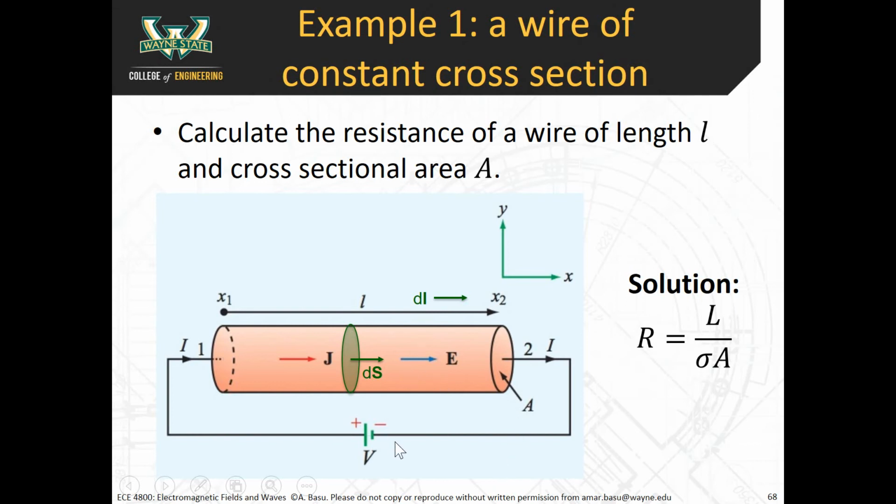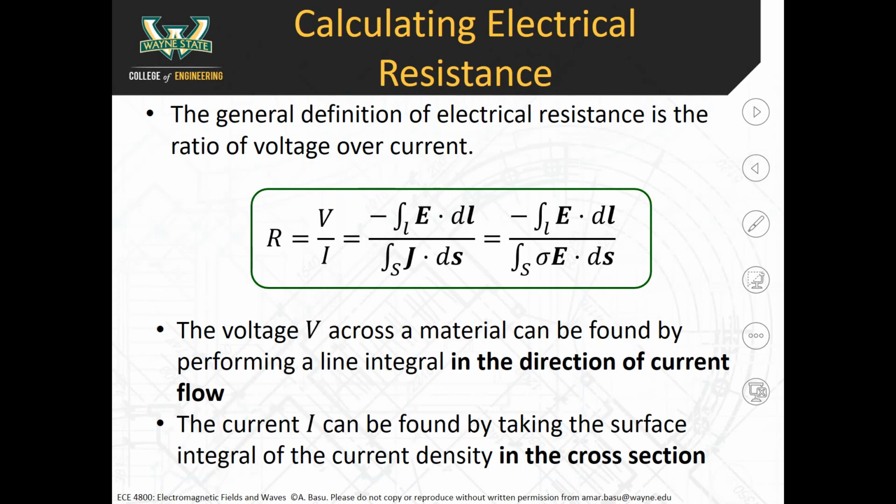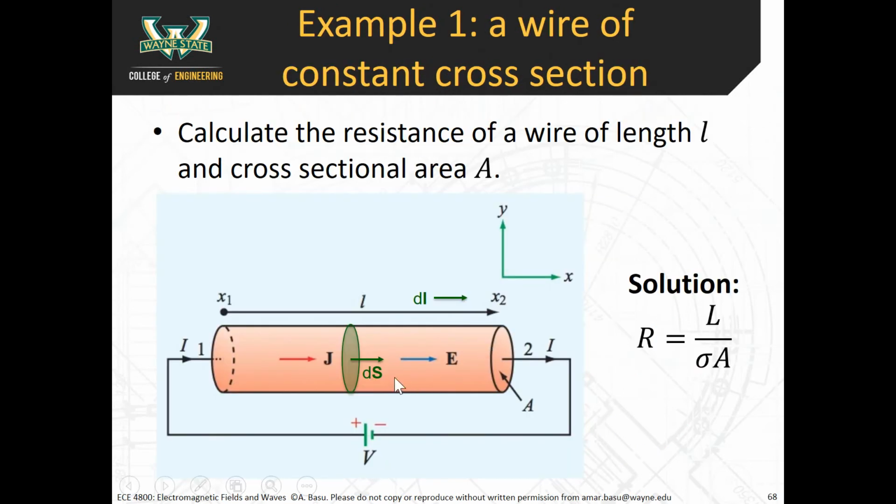The denominator of the equation, that's the I. I is equal to the integral of j dot ds. That ds is the cross-section, so that's why I've shown in this green thing the cross-section where we integrate j dot ds. Now I'm going to show you how to do this problem and get to that result.